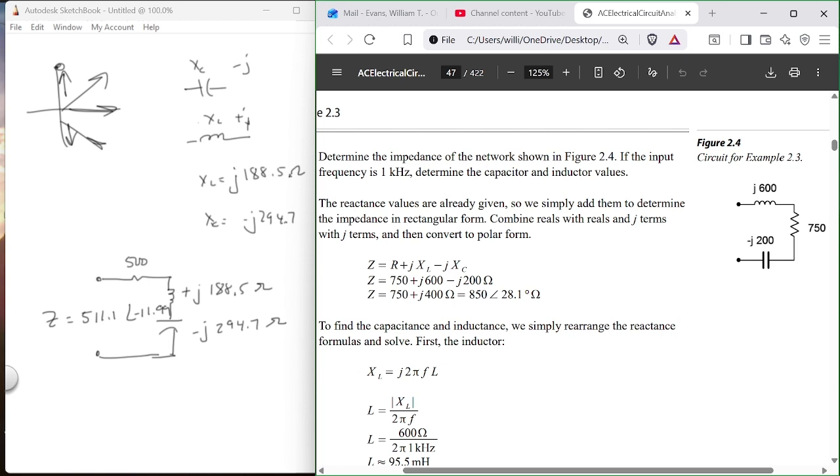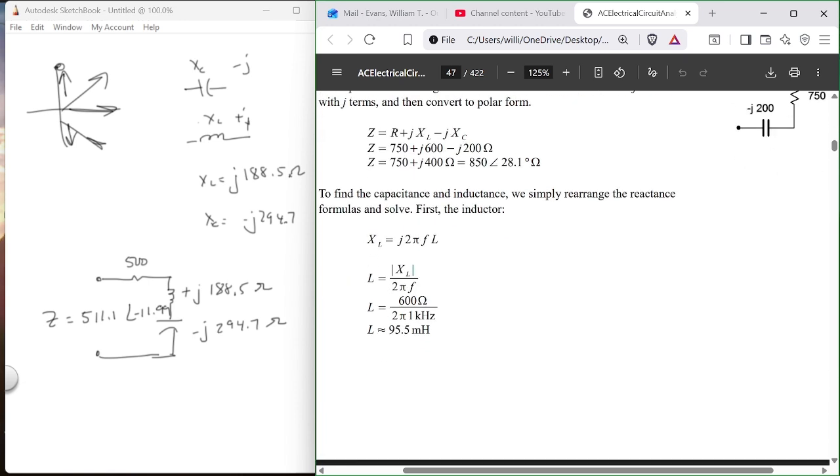Option, down arrow, 1. Answer in rectangular, 850. So the answer to this one is what? 850 at 28.072 degrees. Did everybody get that?